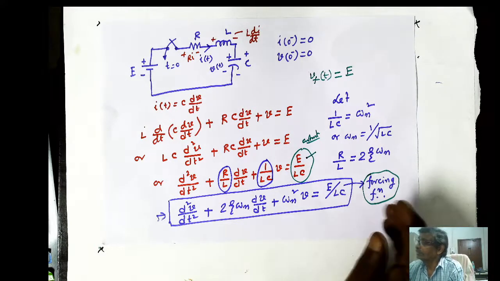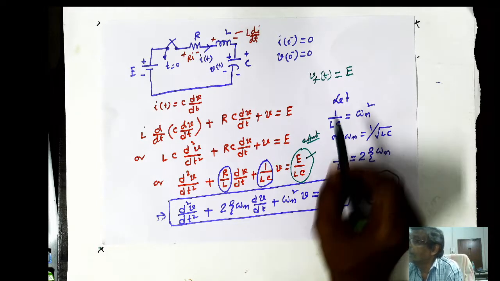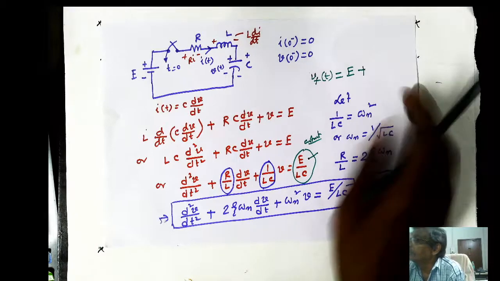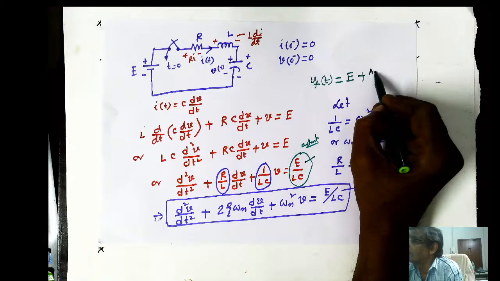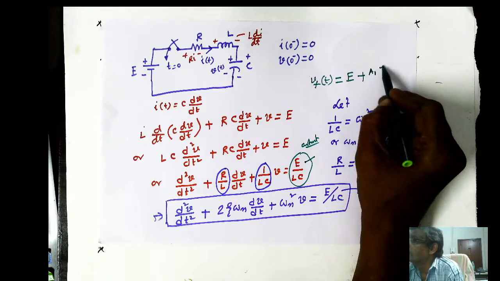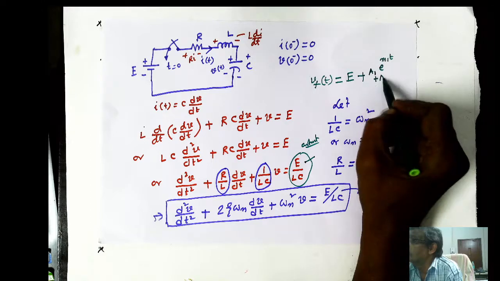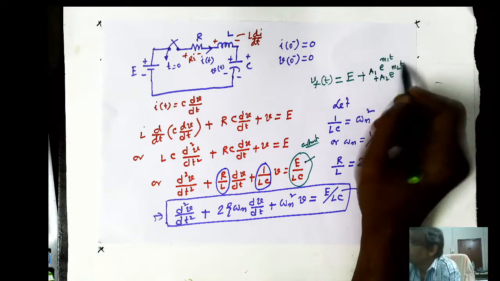So the total solution then will be this E plus the solution due to the natural response, that is A1 e to the power M1t plus A2 e to the power M2t, if M1 not equal to M2.